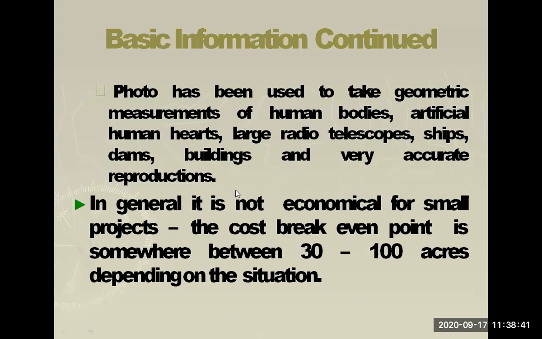So we can use these techniques for this purpose also: the position and dimensions of ships, dams, buildings, and very accurate reproduction. For this purpose also we can use remote sensing.